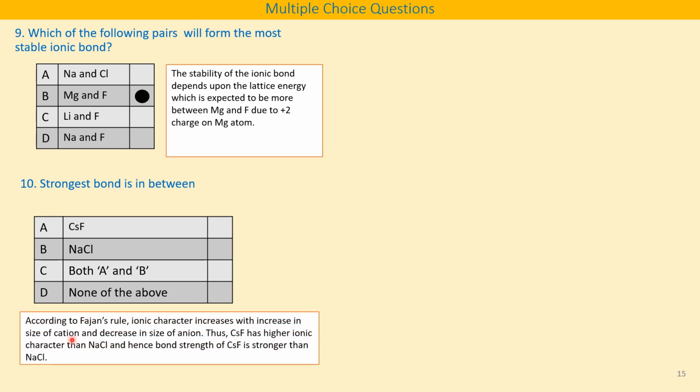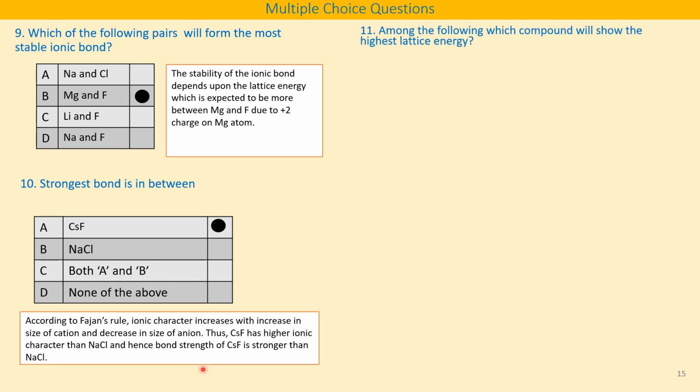According to Fajan's rule, ionic character increases with increase in the size of cation and decreases with increase in size of anion. Thus, CsF has higher ionic character than NaCl, and hence the bond strength of CsF is stronger than NaCl. Please mark it.